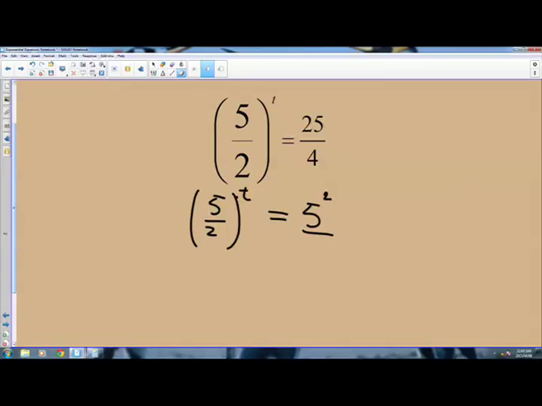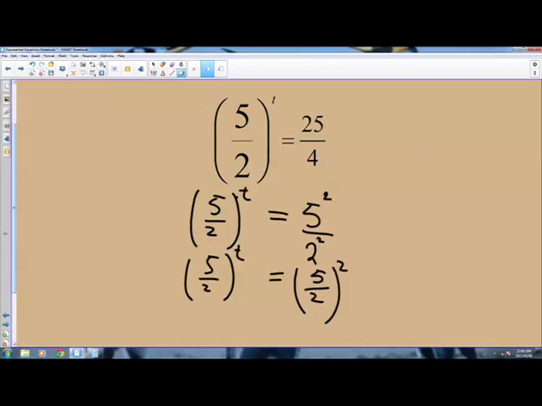So this will be 2 to the power 2. And then we can now introduce the brackets. This will be 5 divided by 2 raised to the power t. It's equal to 5 over 2 raised to the power 2.